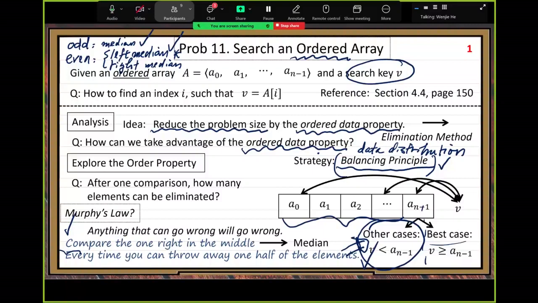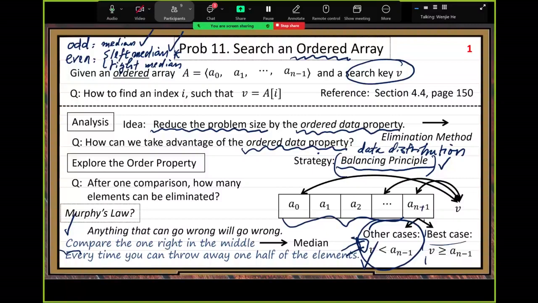Now you can make your prediction. The given key V must be in one of the two subarrays. If it is in the left subarray or right subarray, you just throw away the other subarray, because it cannot appear in the other subarray.